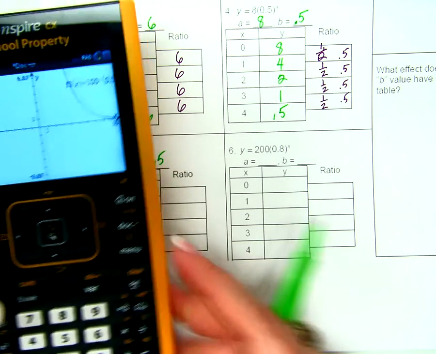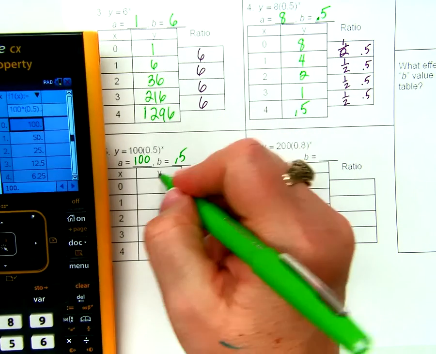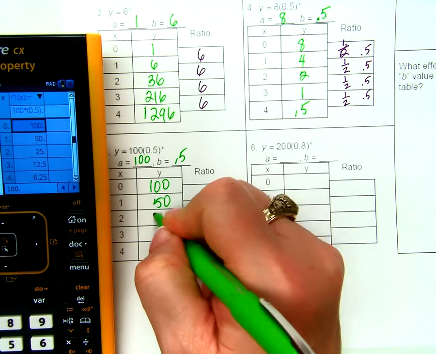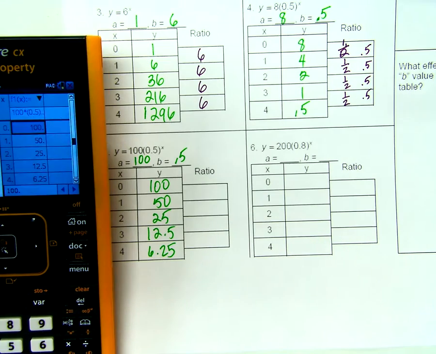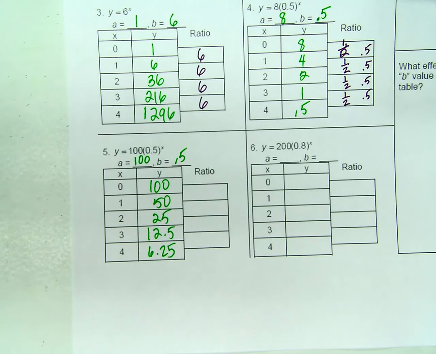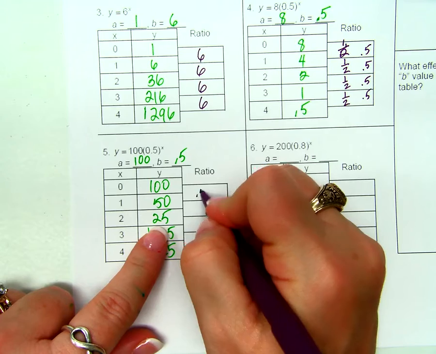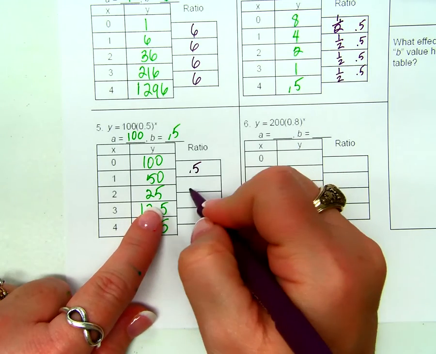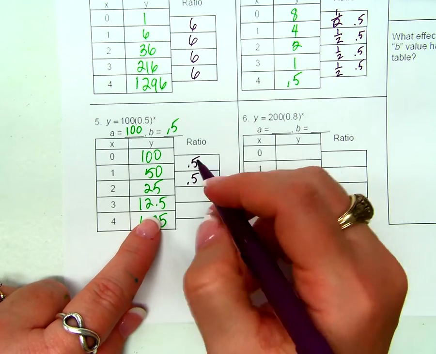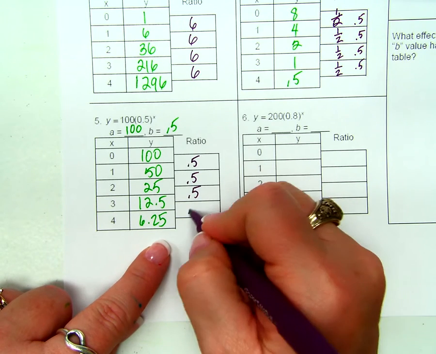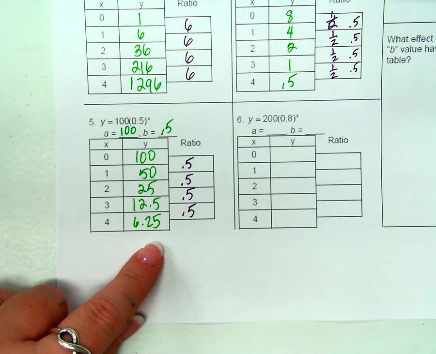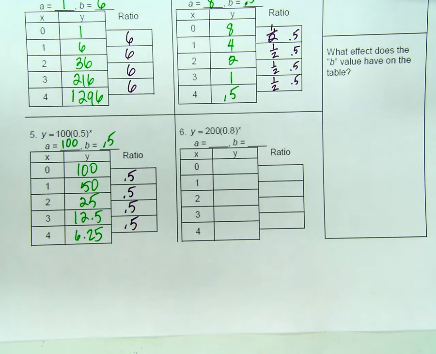So Control T, get my table. 100, 50, 25, 12.5, 6.25. 50 divided by 100, 0.5. 25 divided by 50, 0.5. 12.5 divided by 25, 6.25 divided by 12.5. What about 6?